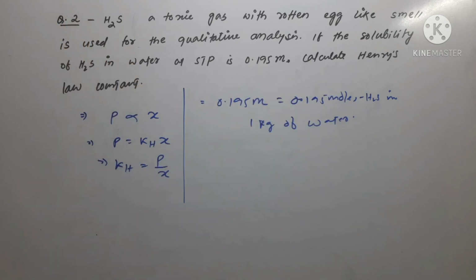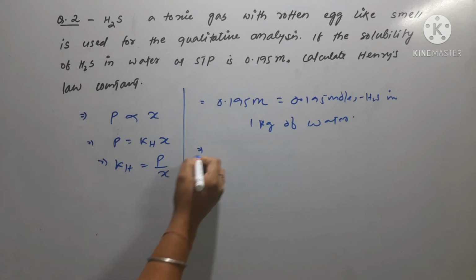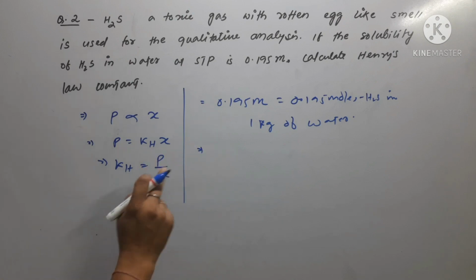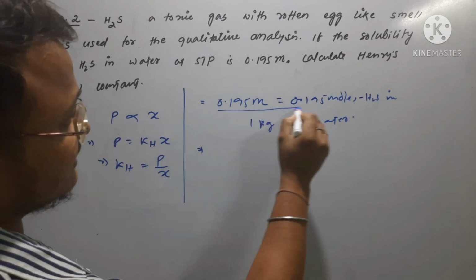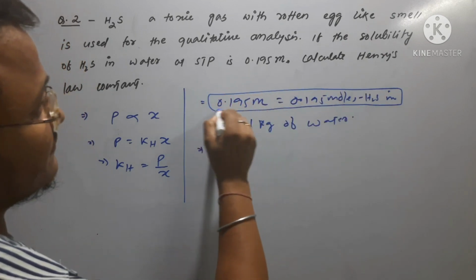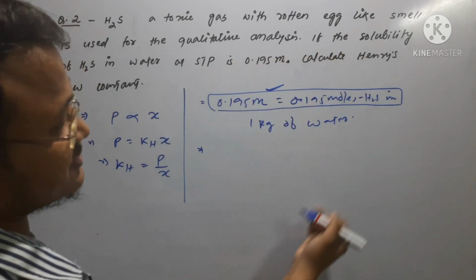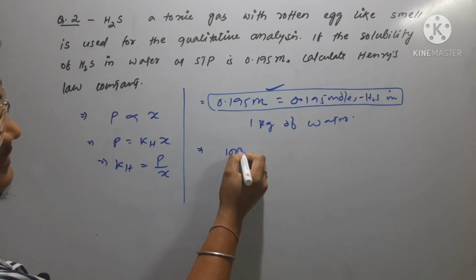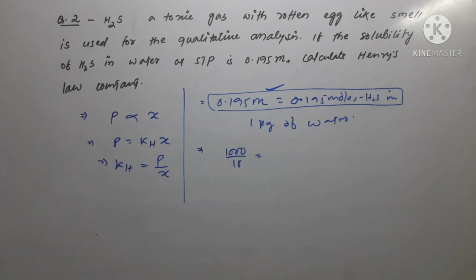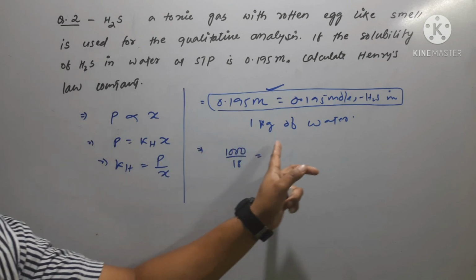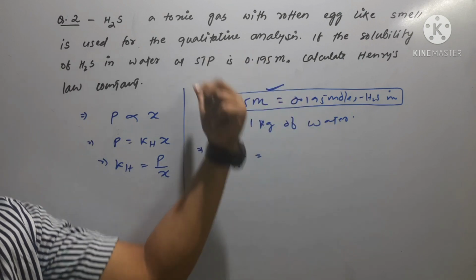Now what do we have to do? This is the mole fraction, so for mole fraction you have to know the moles of the solute and solvent both. From the solubility term, we have already found the mole of H2S. The mole of water will be 1000 divided by 18, where 1000 is the mass of the water in the solution.